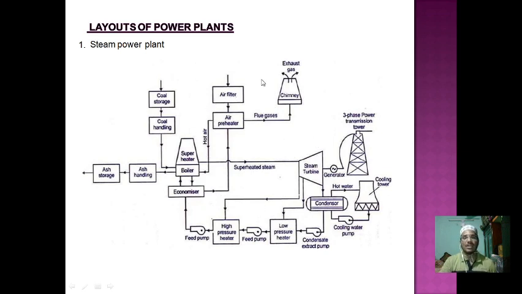In the steam power plant we use air and cold water. The extra parts are coal storage, coal handling, and ash storage or ash handling. These are the storage sections.